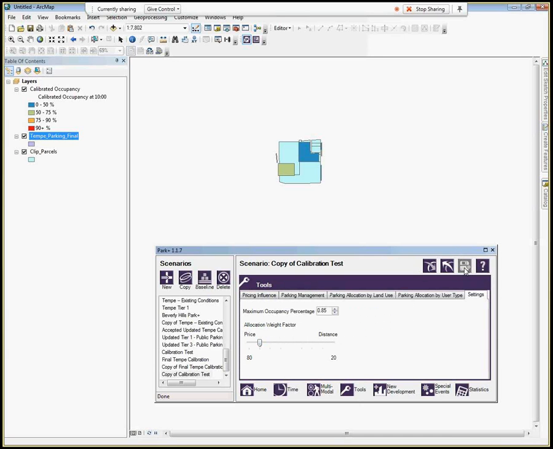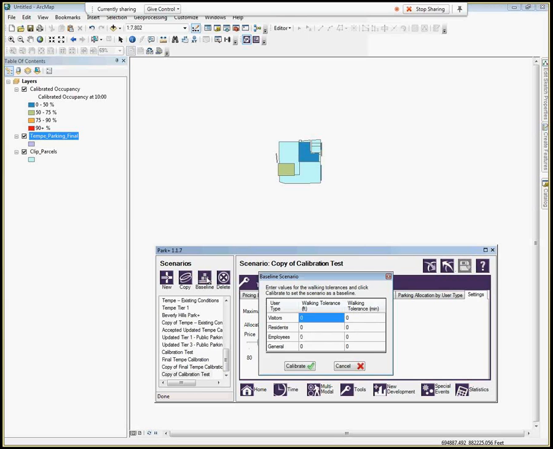And then let's see what happens if we change this maximum occupancy percentage. Maybe we make that 95% instead of 85%. So we're basically saying now that the model will fill up a parking facility to 95% of its capacity, and once that happens, it starts moving the demand other places. So let's see here. So we'll save that, run this one more time.